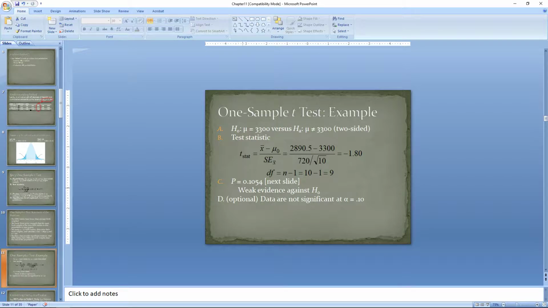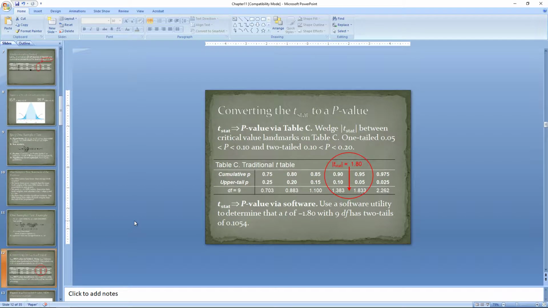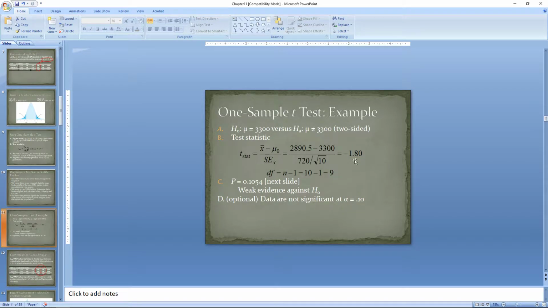When you look, we're going to calculate a p-value of 0.1054, which is going to be weak evidence against the null hypothesis. Now you're saying, well, how do you get that? Because when you go into the back of the table here and you look up your t-statistic of 1.8, the absolute value of 1.8, with degrees of freedom of 9, you go to your 9 degrees of freedom.